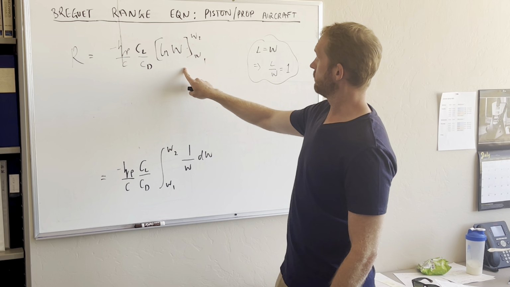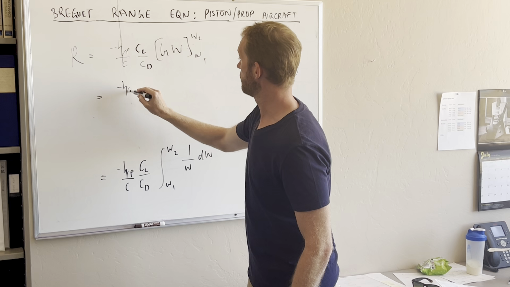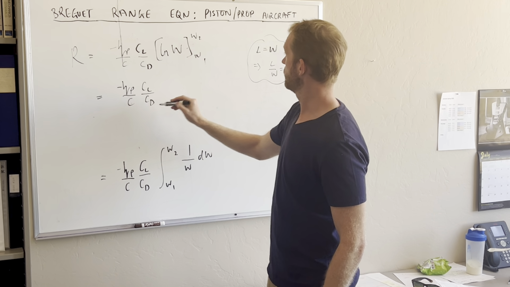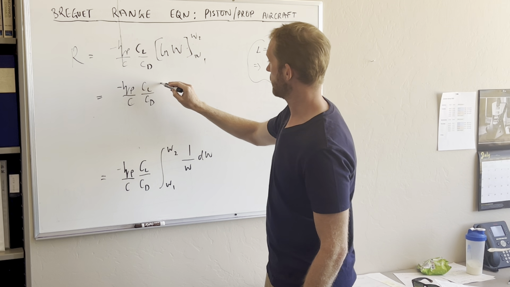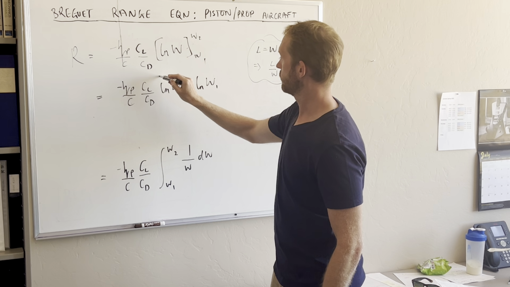So let's just tidy this up real quick. But this is essentially the Breguet range equation for a piston propeller driven airplane. Natural log W2 minus natural log W1.